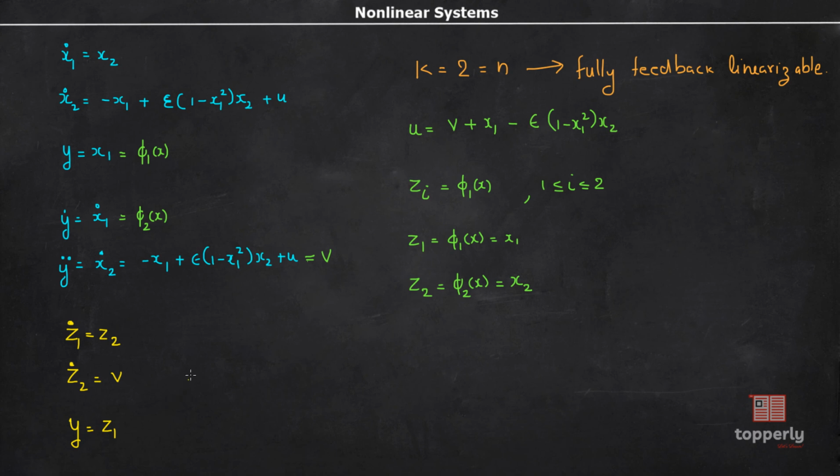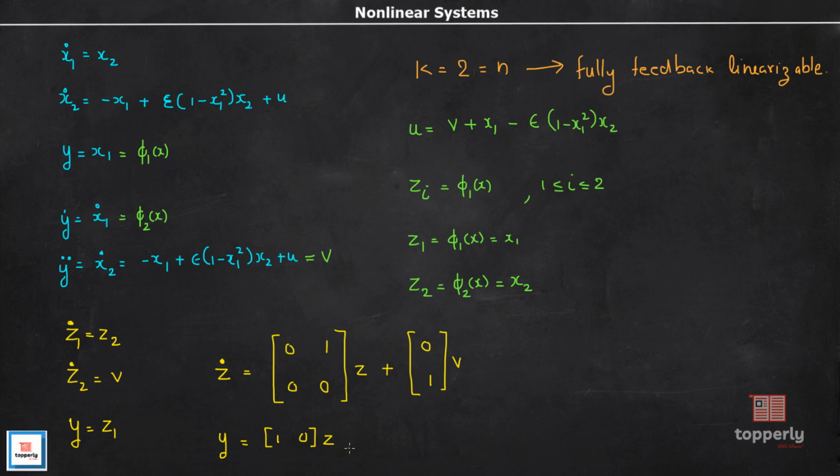So in the state space model, we can write z dot is equal to [0, 1; 0, 0] into z plus [0; 1] into v, and y is equal to [1, 0] into z. So you can see that we made the nonlinear system into a linear controllable system.